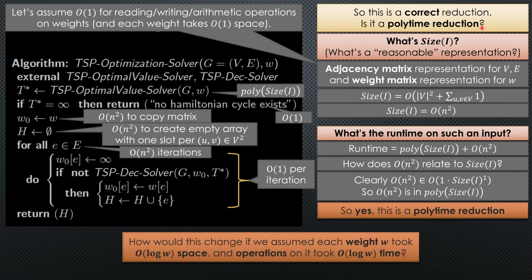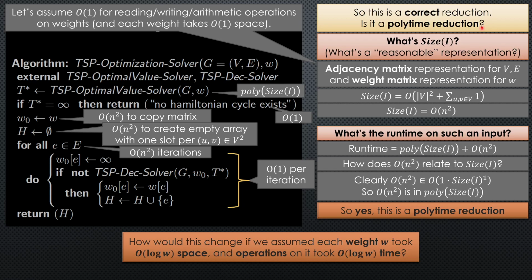Now here's a question. How would this complexity, or the answer to the question, is this a polytime reduction, change if we assumed that each weight W actually occupied log W space? Because we can write down every number from 1 to W in order log W bits, right?